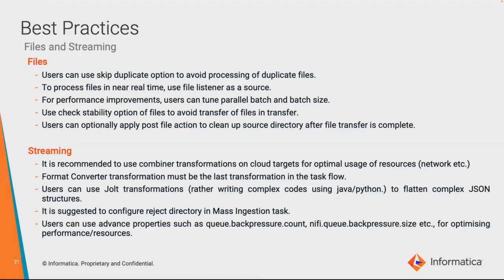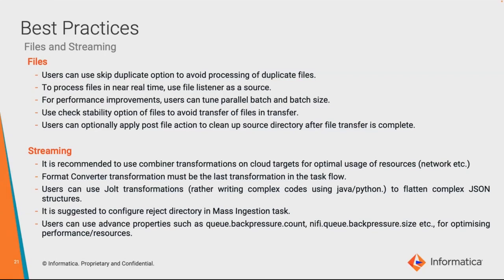Then on the streaming side, Jolt is one of the transformations which they can use in order to flatten the complex JSON structure, and they don't need to write complex code using Java or Python. So that's one of the suggestions which we tend to provide.